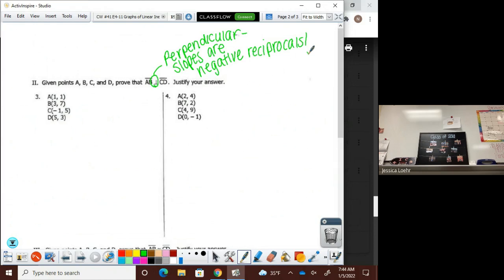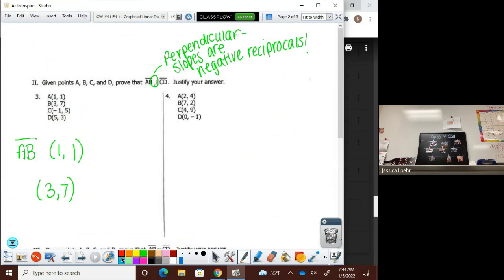When they're asking you to prove something, look at what they're asking you to prove and come up with a plan. How am I going to prove that? When you're talking about parallel and perpendicular, the only way to prove that is through the slope formula. So for perpendicular, you're looking for negative reciprocal slopes. For parallel, you're looking for the same slopes. So AB is where I'm starting. My points are 1, 1, and 3, 7.